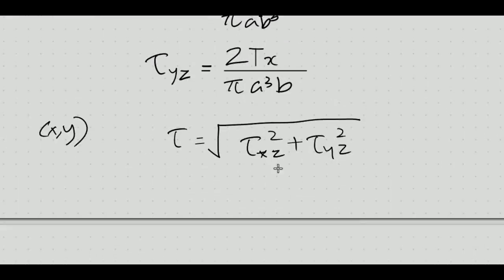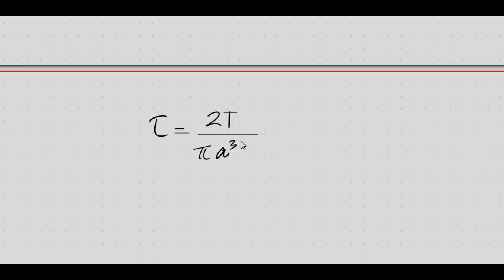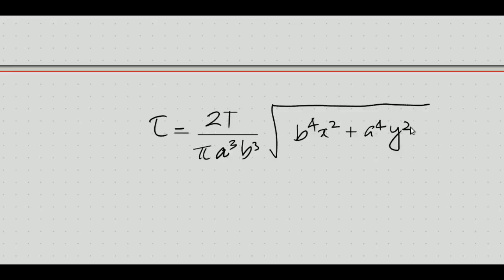Substituting the values of τxz² and τyz², we get τ = 2T divided by π a³ b³ into the root of (b⁴ x² + a⁴ y²).